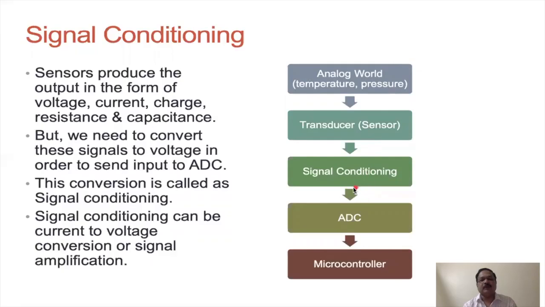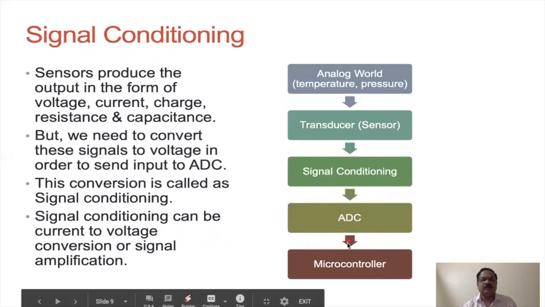So to bring them to the required level, you need some amplification, and that is called signal conditioning. Different amplifiers and buffers are used to bring the signal to the required level, and then it is applied as input to the A to D converter. The ADC gives you the digital output, which is then applied as input to the microcontroller.